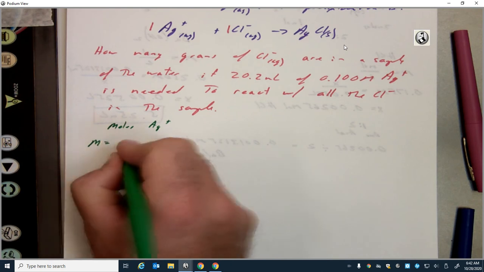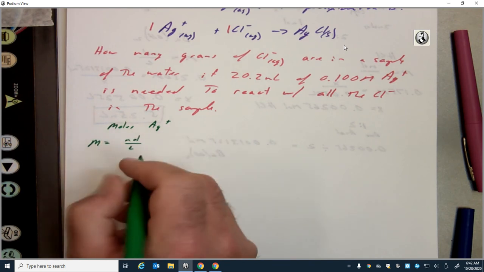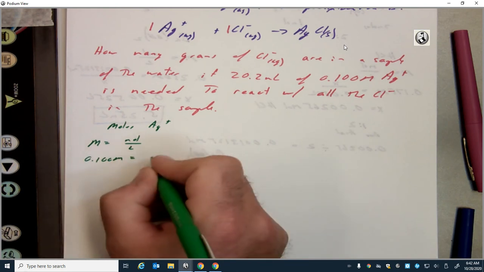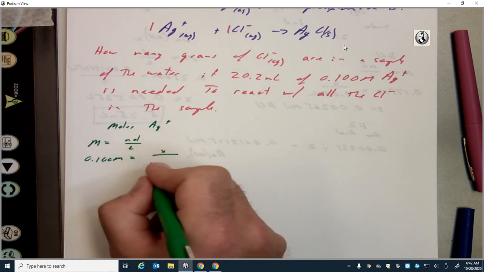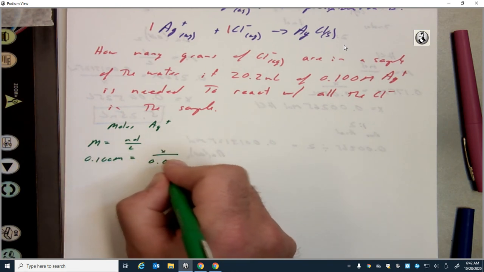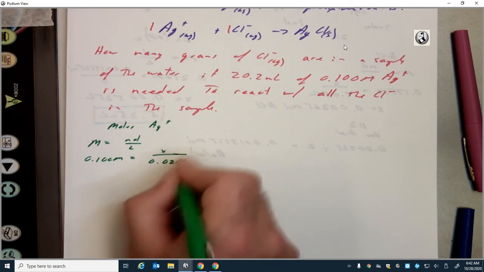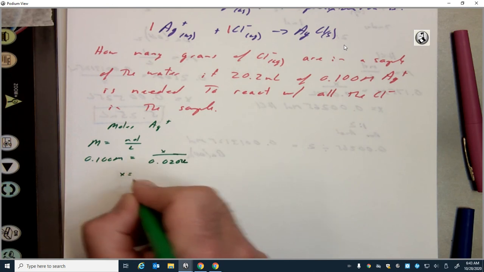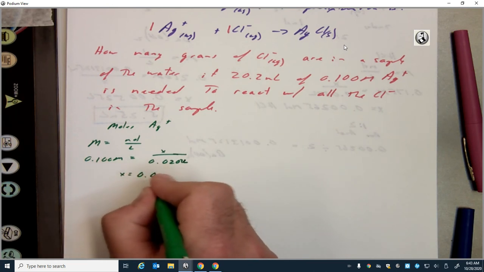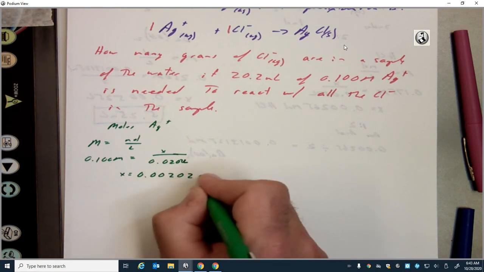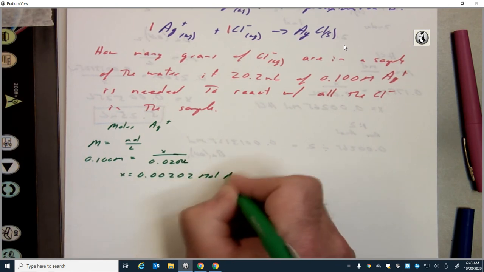It's just molarity equals moles over liters. We have 0.100 molar equals X over 0.0202 liters. So that means we have 0.00202 moles of Ag plus.